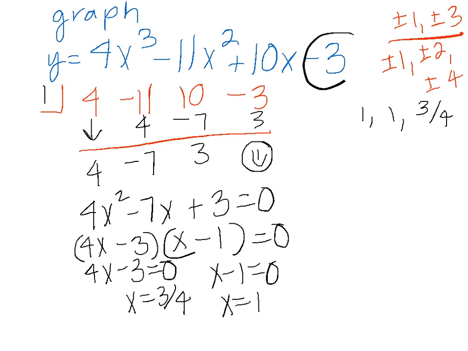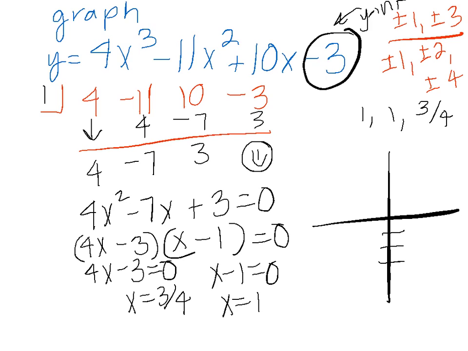My y-intercept is -3 because that is our constant. So if I'm graphing here, okay, there's -3. Now I know when I have this double zero concept that what is going to happen is it's going to bounce off the x-axis. It's not going to pass through.